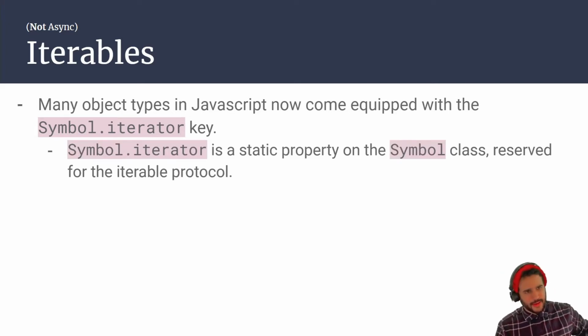The Symbol.iterator key is just a static property off of the Symbol class, and it's reserved for object structures implementing the iterable protocol. I will clarify what I mean here with code.